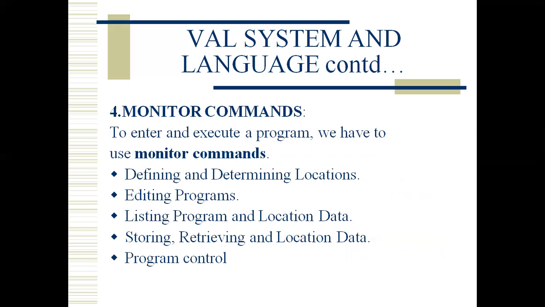Monitoring commands. Defining and determining the locations, that is the initial step, the final step, and the intermediate points which the tool needs to pass through, will be allocated and defined very clearly. Second one is editing of the programs.